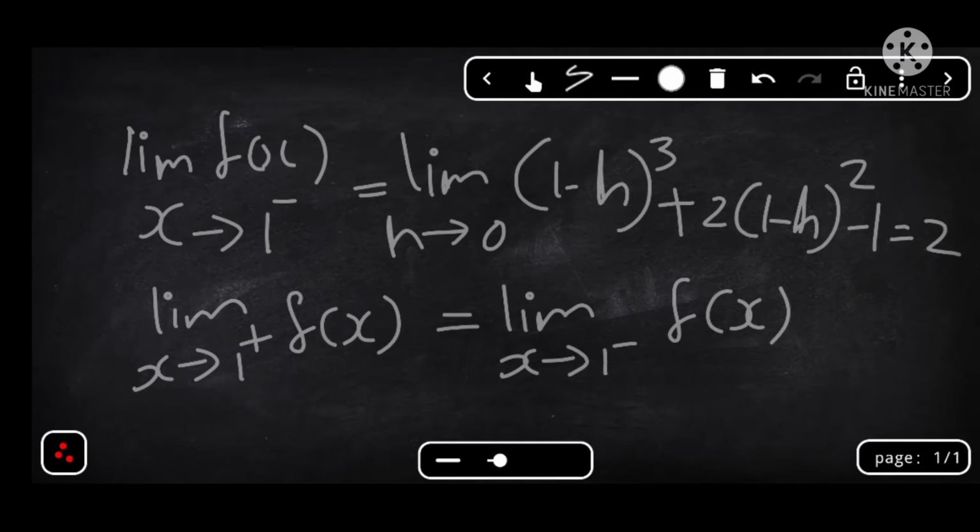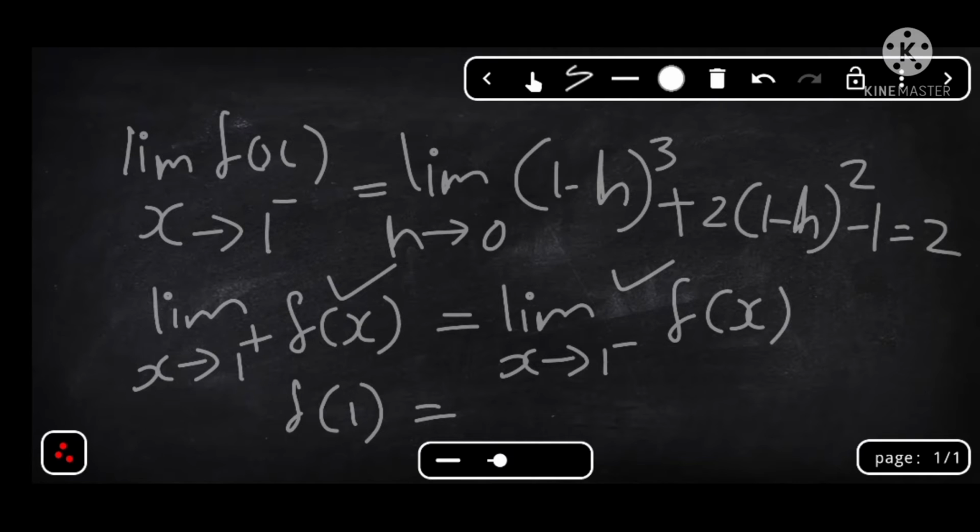In the question they have given f of x equal to x cube plus 2x square minus 1 at x equal to 1, and we have to check whether it is continuous or not at x equal to 1. So just put 1 in place of x, that is f of 1.